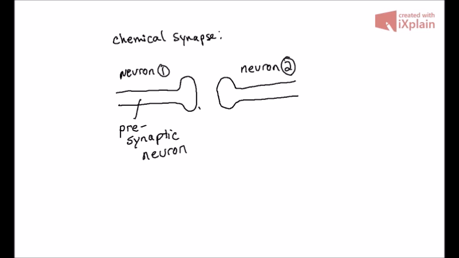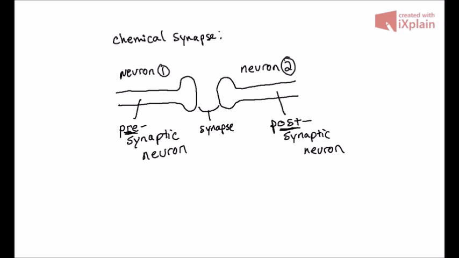And here is the synapse. The synapse is the junction where the two neurons meet. So neuron number 1 would be the presynaptic neuron because it comes before the synapse. Pre means before. And then neuron 2 would, of course, be called the postsynaptic neuron. Post meaning after. So after the synapse is the postsynaptic neuron.